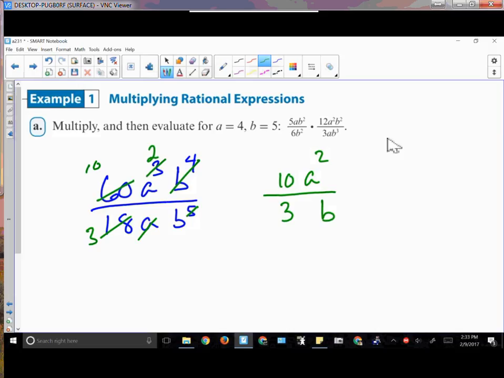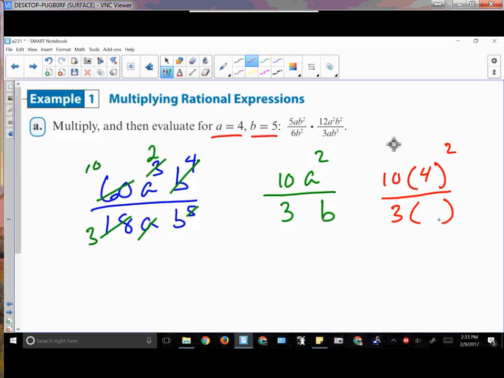Now what we have to do is we have to put in a is going to be 4, b is going to be 5. So for the next step, it's going to be 10 over 3 multiplied by parentheses squared. What's a? 4. So I just put 4 over 3 parentheses.